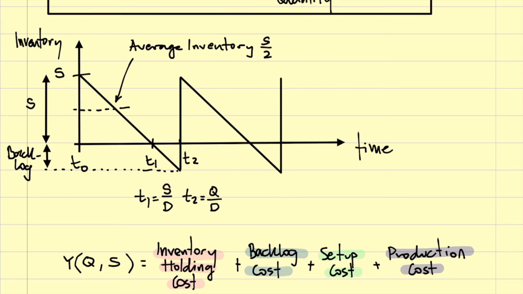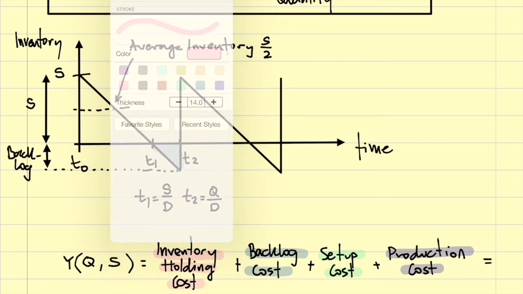We didn't have this before. Okay, this is this area where we are not able to deliver.